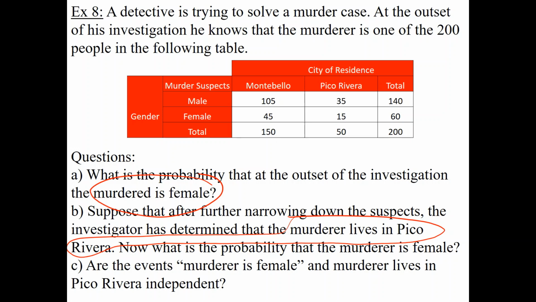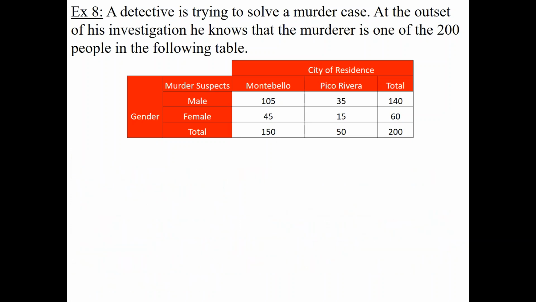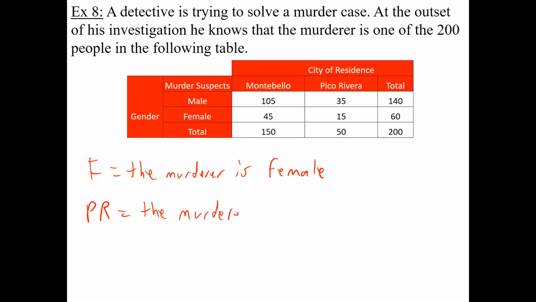Okay, so F is going to be the event that the murderer is female. And we'll use PR for the event that the murderer is from Pico Rivera. Okay, let me make this F a little nicer looking.